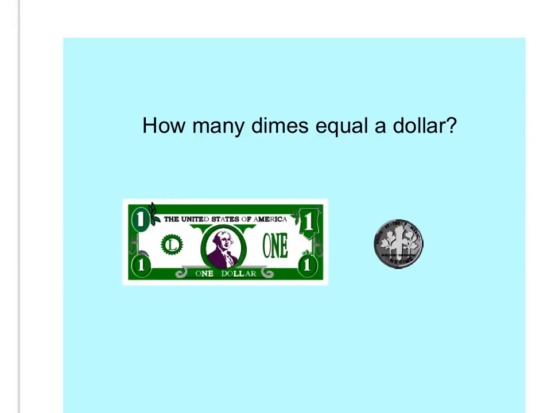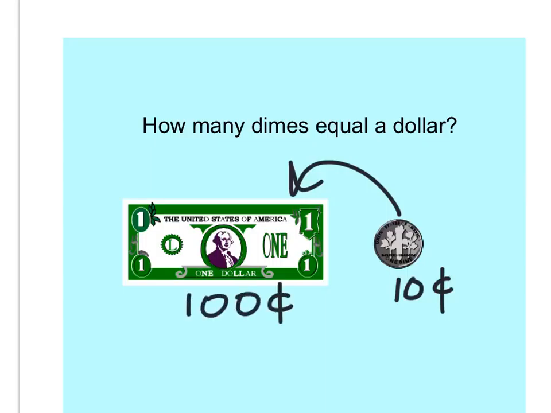What about dollars and dimes? Remember, the dime is worth 10 cents. How many dimes would it take to equal $1? That would be counting by tens. If you count by tens, you're going to need 10 dimes to equal the same thing as 100 cents or $1.